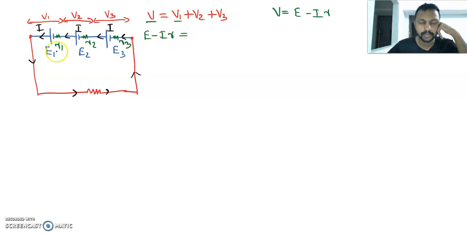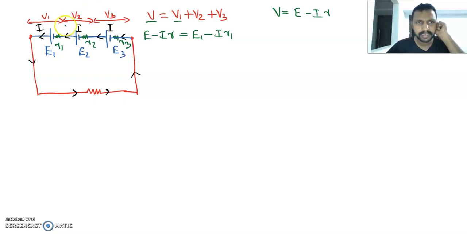Concentrating on the first cell, if V is equal to E minus Ir, then V1 should be E1 minus IR1.